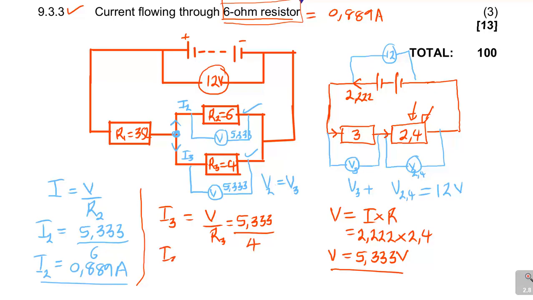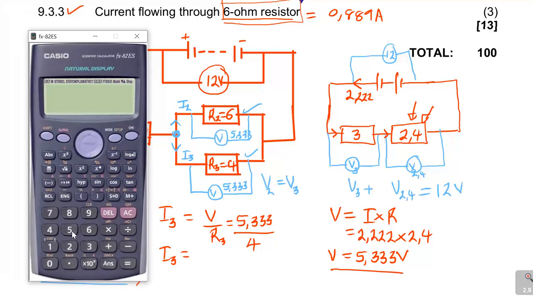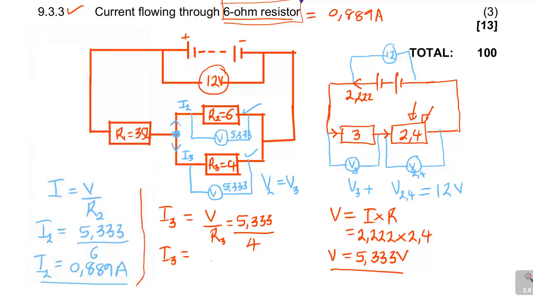So I3 is 5.333 divided by 4, which is 1.333 amps.